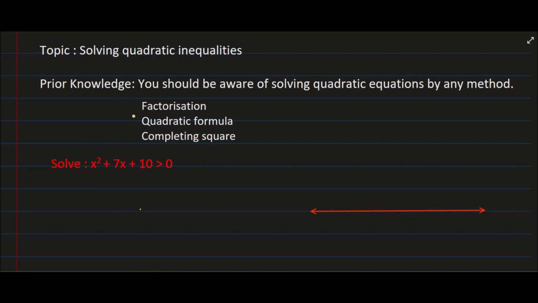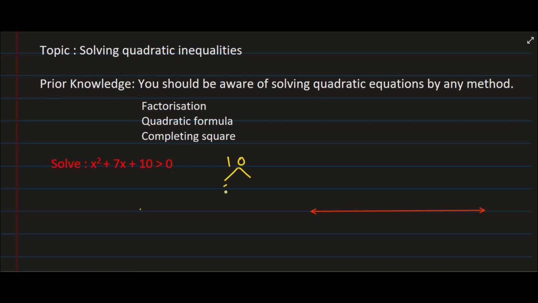First of all, we'll factorize this. We'll take the last term, that is the constant term, 10. Now we have to find a factor pair for 10 that adds up to 7.